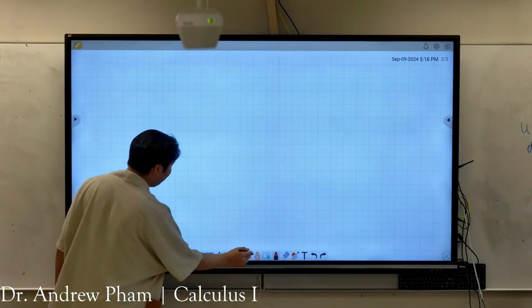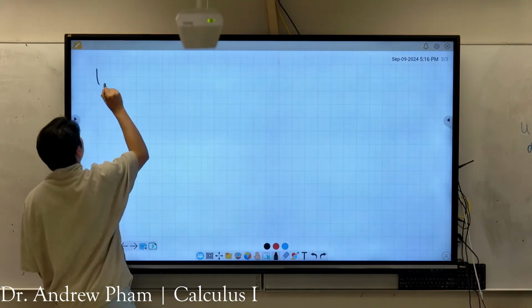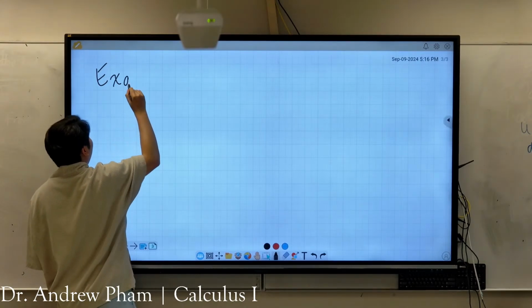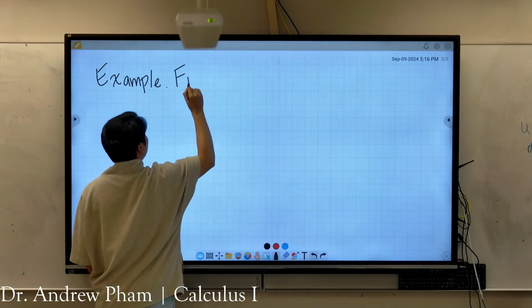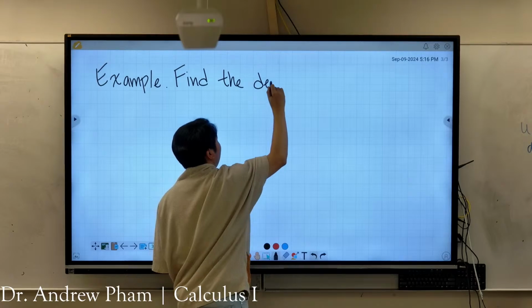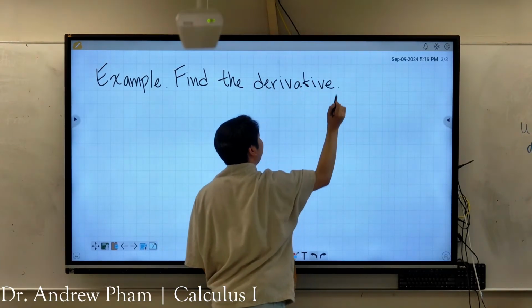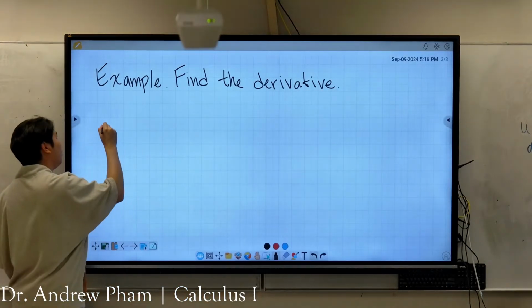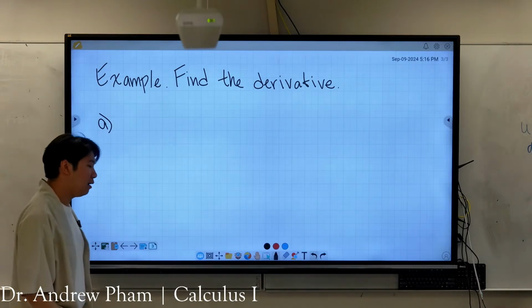That is, for example, next example, find the derivative. Yeah, part A and B. Notice here that I didn't say find f prime of x because I'm going to change it up slightly with my variables.